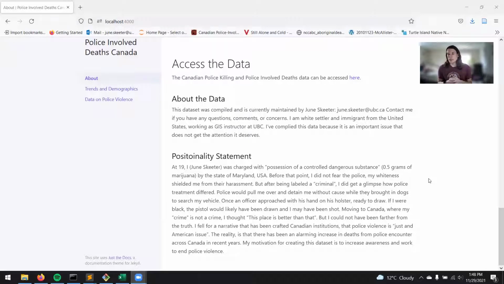That said, after being labeled a criminal, I did get some glimpse at how police treatment differed. On multiple occasions, I was pulled over and detained without cause while police brought in dogs to search my vehicle because I had an arrest on my record. And so there's a variety of different ways that the police will group and categorize people and treat them differently based on certain circumstances.